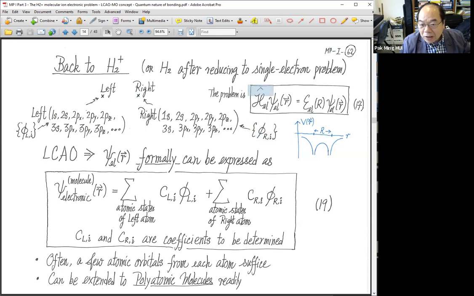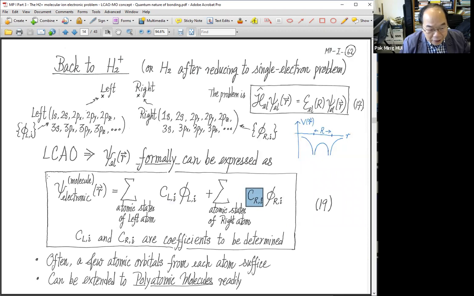Similarly, I would have a big set from the right. I have a single electron problem to solve, H2 plus. The potential energy function is of this form, just to remind you. Now, by the idea of LCAO, we are to write the solution as a trial wave function to be a linear combination of atomic states on the left and atomic states on the right, each carrying a coefficient in front.